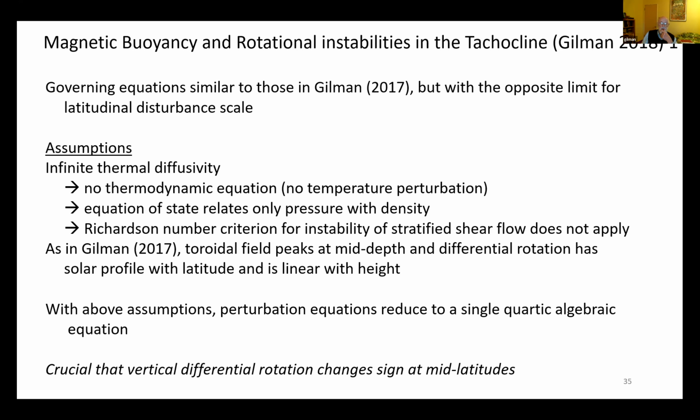Now we also assume in this, as in Gilman 2017, the toroidal field peaks at mid-depth in the tachocline, and the differential rotation has a solar profile with latitude and is linear with height. So believe it or not, when you do all those things, the perturbation equation is reduced to a single quartic algebraic equation.